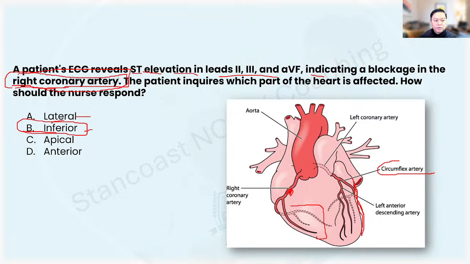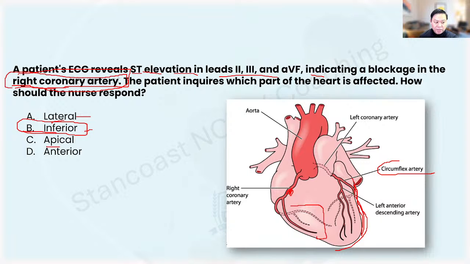Now, if we are going to look into the apical, which is basically the tip of the heart, the apex right here, this is actually supplied by the same main branch, which is the left anterior descending artery. This one right here, the LAD.